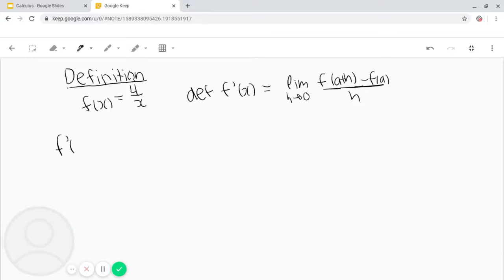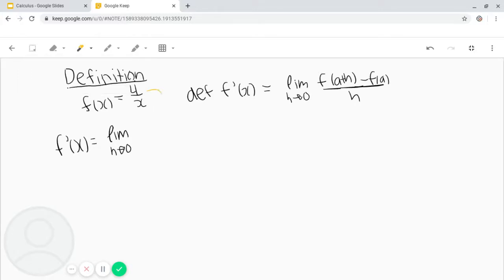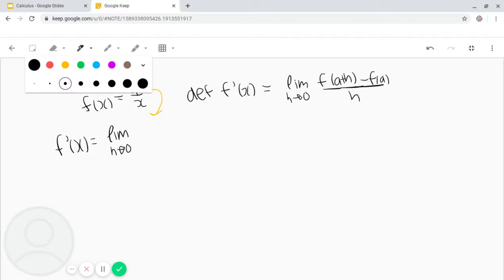The first derivative would be equal to the limit as h approaches 0 of, and then we just put this straight in here, which you'll see in a minute.